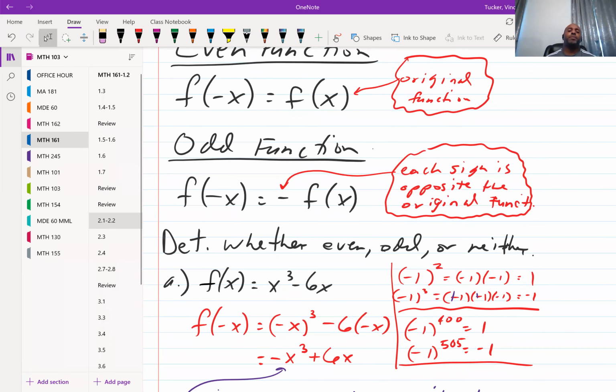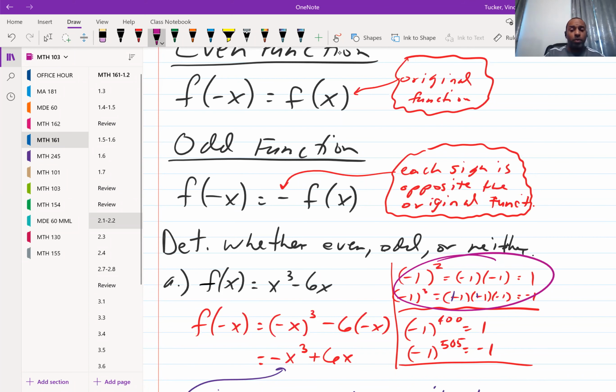Looking at this first one, x cubed minus 6x, we're going to plug in negative x. Here I was emphasizing the process of having an odd versus an even power. Don't forget, if an even power is applied to a negative, the result will always be positive. But if an odd power is applied to the negative, the result will always be negative. Looking at -1 squared, -1 times -1 gives you a positive.